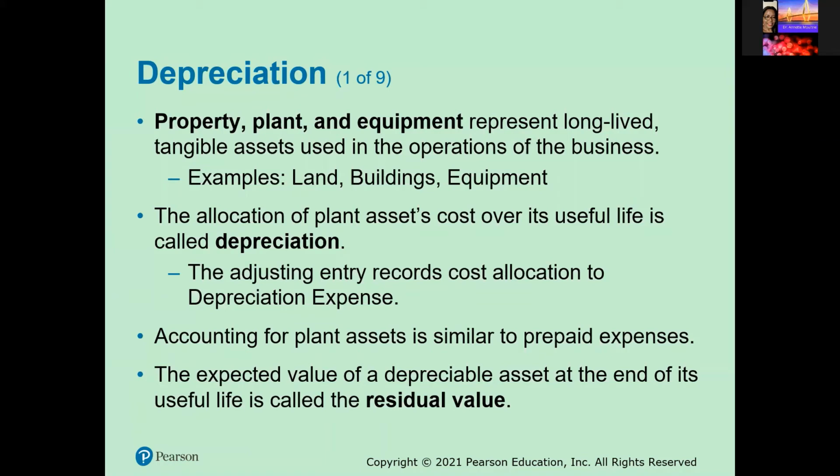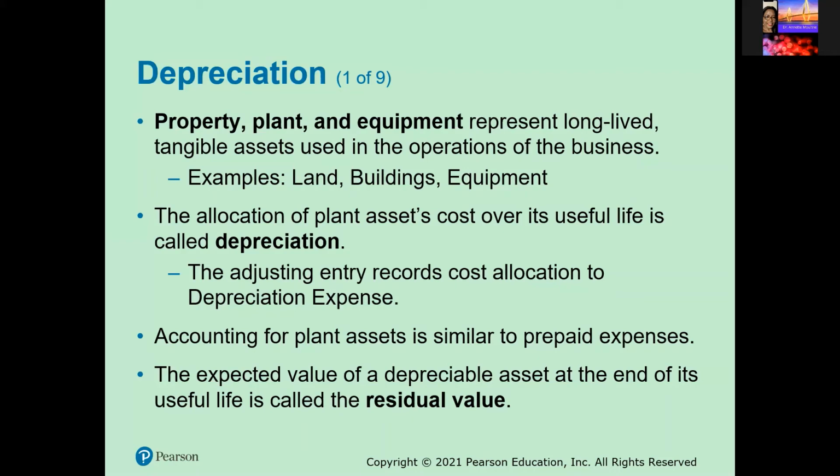Now, depreciation is a type of prepaid expense adjustment. Plant assets are recorded in full at the time of purchase. Therefore, an adjustment is recorded to reduce the value of the asset over its useful life.